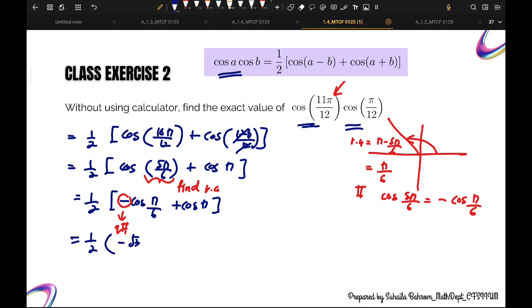So negative square root of 3 over 2, and cos pi is equivalent to negative 1, so minus 1. So the final answer is square root of 3 minus 2 over 4. This is the final answer for class exercise 2.